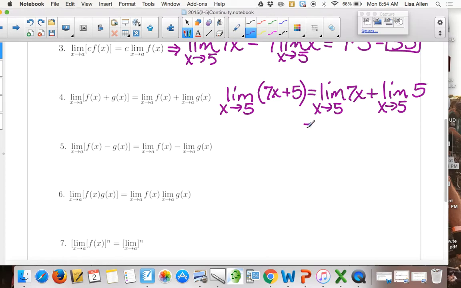We already know this is 35, and this is just going to be 5. So this is equal to 40.